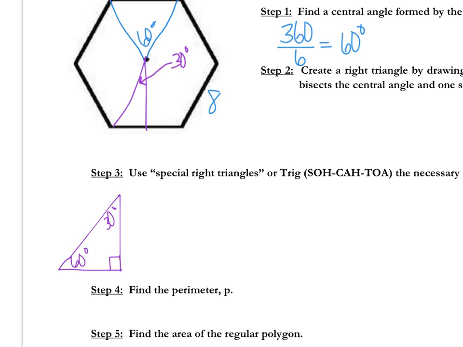So we know that the side lengths are 8, but that means the full length of this is 8. But I'm only working with half the triangle. So the portion of it is going to be 4. I was given the 30-degree angle, so across from that is 4 root 3, which equals the apothem.